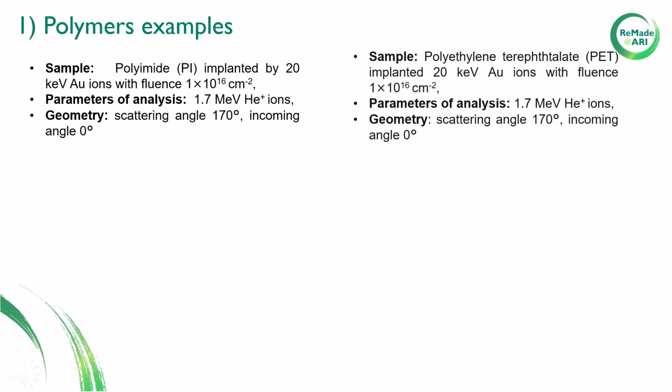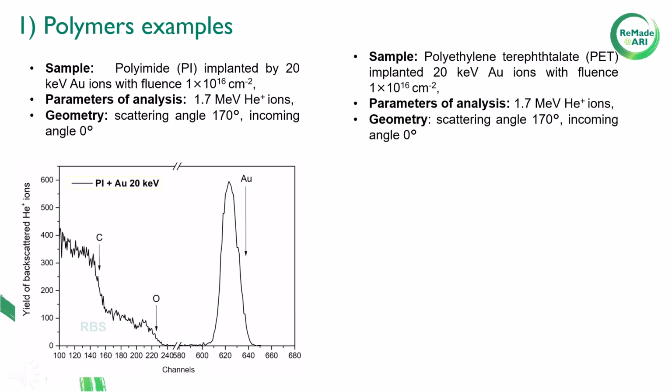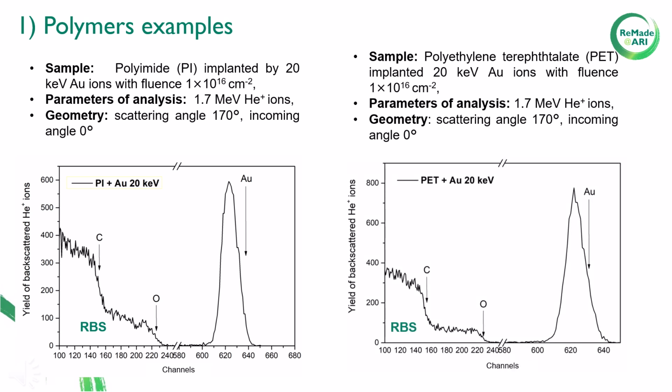Using the RBS and ERDA methods, we can analyze polymeric materials such as polyimide or polyethylene terephthalate. In this case, both polymers were implanted with low-energy gold ions with an ion fluence of 1×10^16. Polymers were analyzed using 1.7 MeV helium ions incident on the sample at 0 degrees and scattered at 170 degrees.